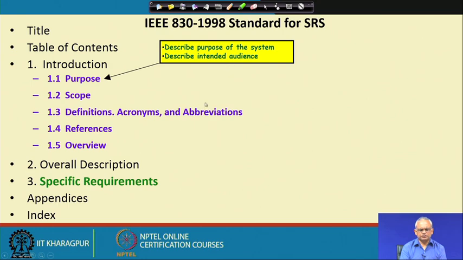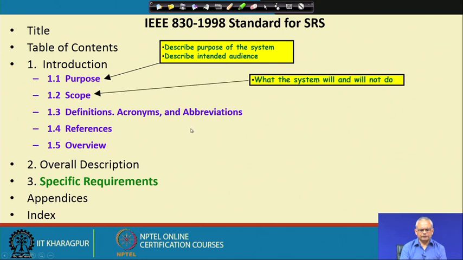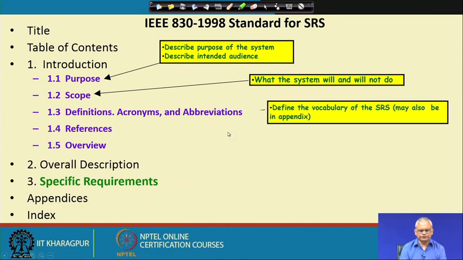The scope, a very overall idea about what the system will do, what it will not do, very crisply written, an overall description of what is expected of the system and what it should not do.